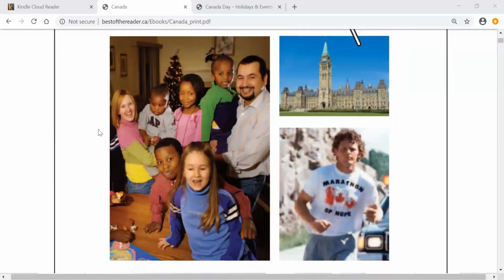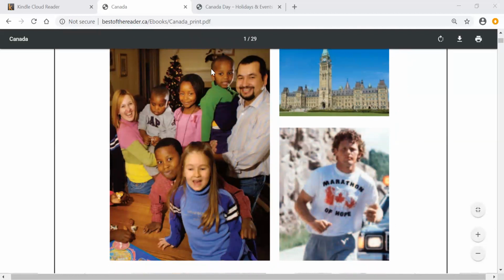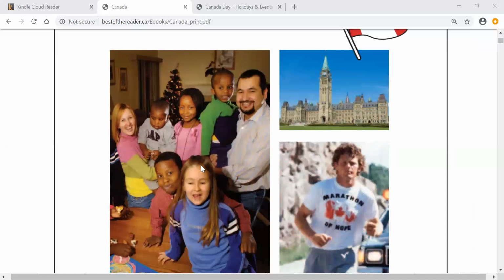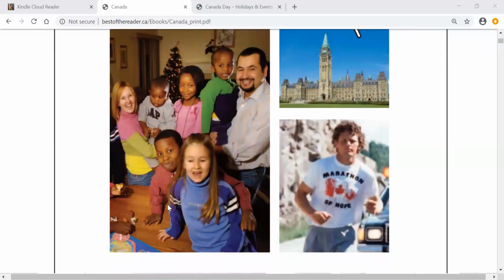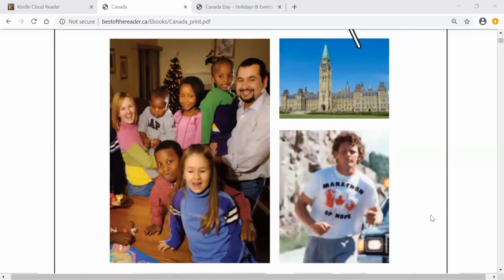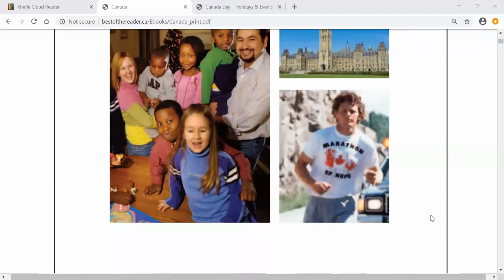This picture is a family, maybe a family of immigrants, people who are new to Canada. This person, I think you know who he is. His name is Terry Fox, right? These are some things that we can see and know Canada by.